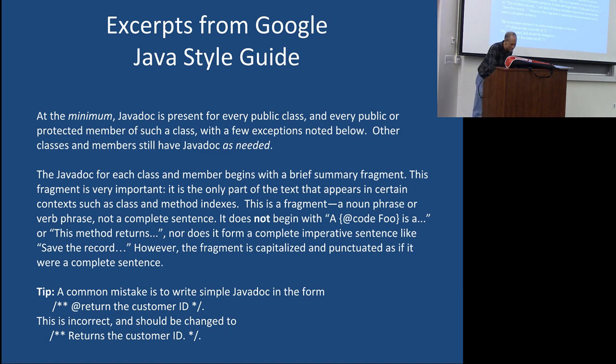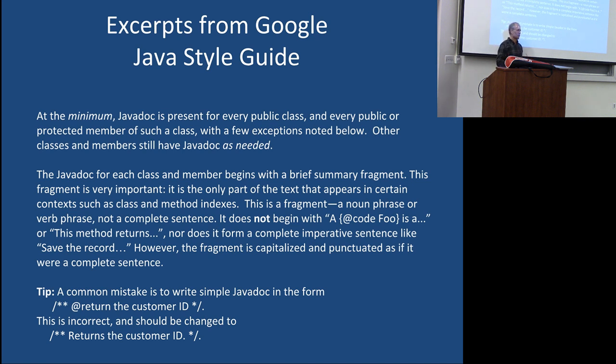There's one here. This whole paragraph is saying, when you write JavaDoc, the first sentence isn't really a complete sentence. It's supposed to be a sentence fragment. So you don't say this method returns thus and such, or something declarative like save the record.